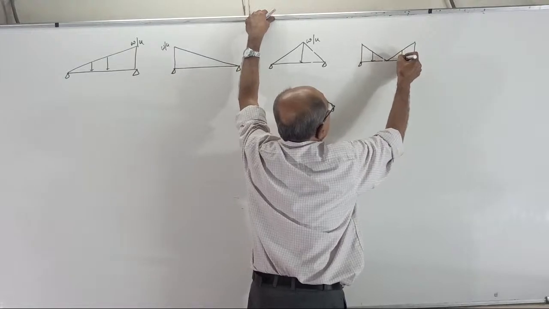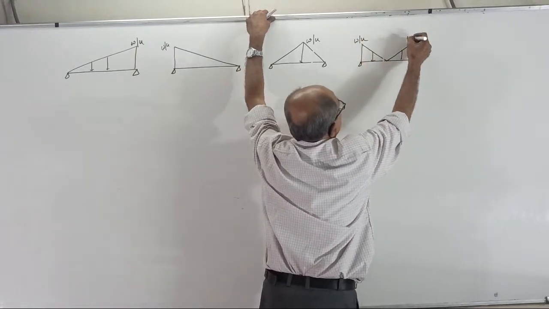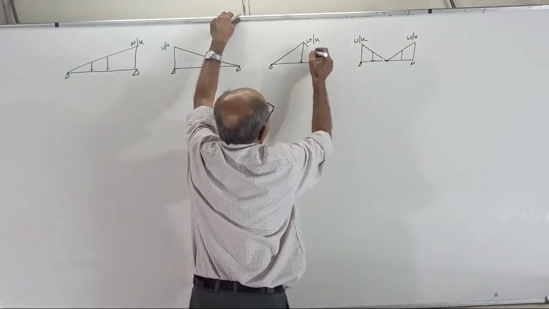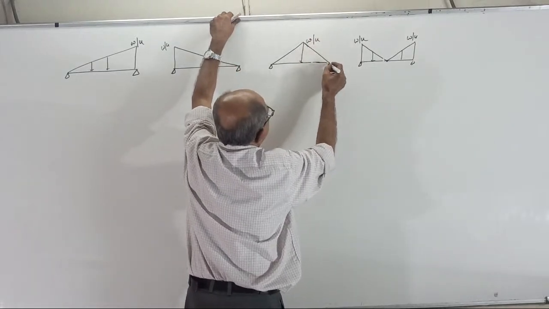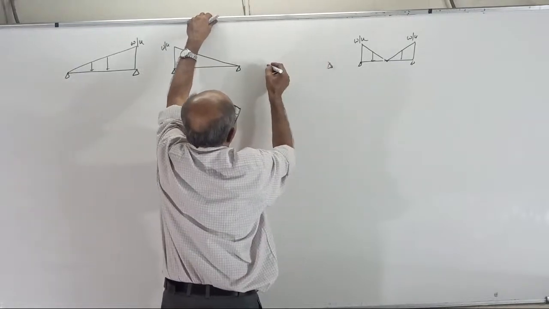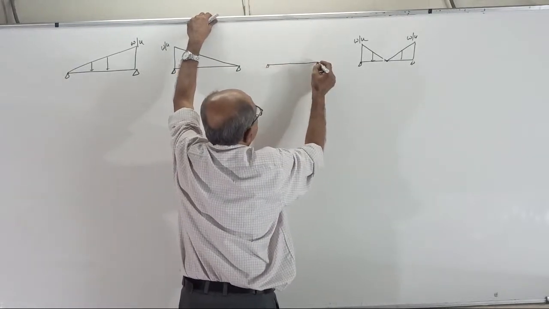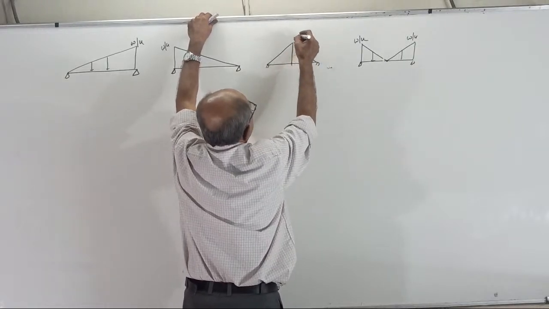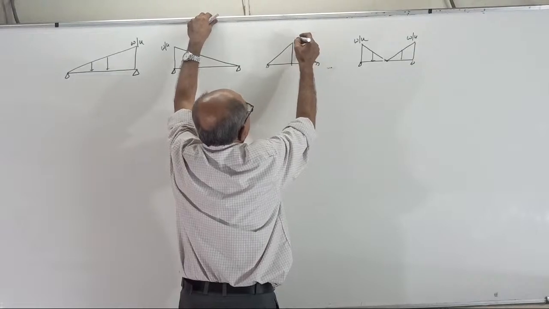W per unit length at center. I am not writing the center; it is out of scale. Sometimes there is a scale problem. If anybody comments, sir, that does not look like the center, you make it look like the center. Don't comment unnecessarily on these things.